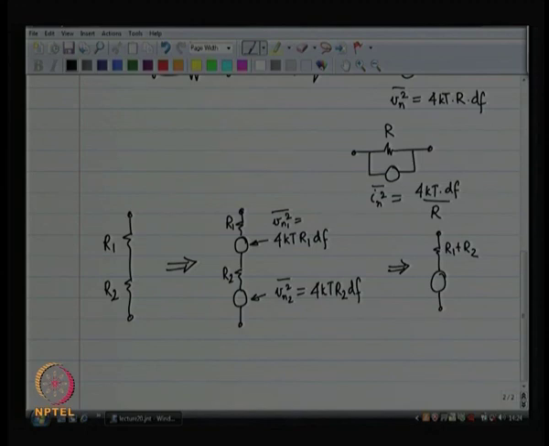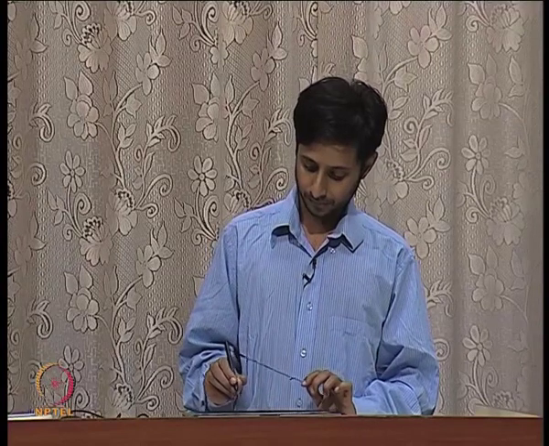Now, the earlier two voltage sources were given in terms of the square of the value. We showed that since these two voltage sources are uncorrelated with respect to each other, they are random processes uncorrelated to each other, the square of the sum is equal to the sum of the squares.